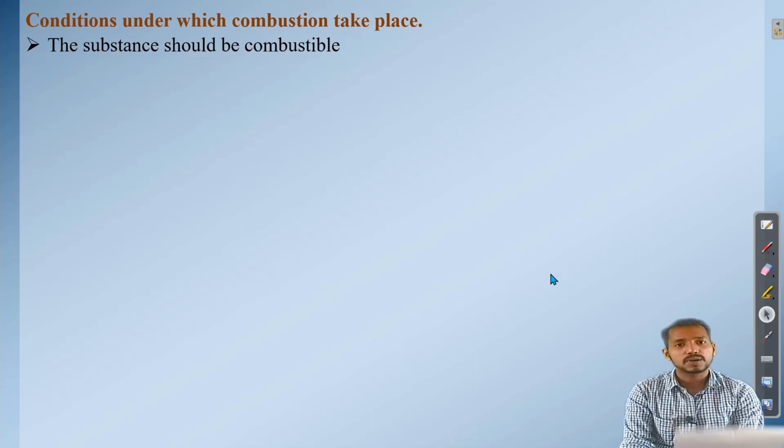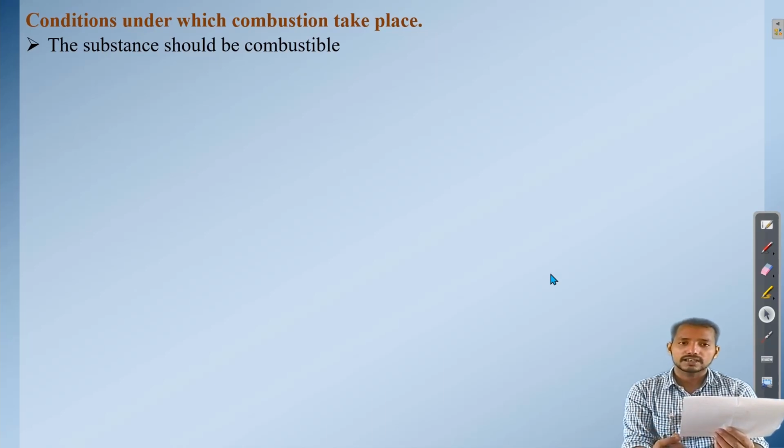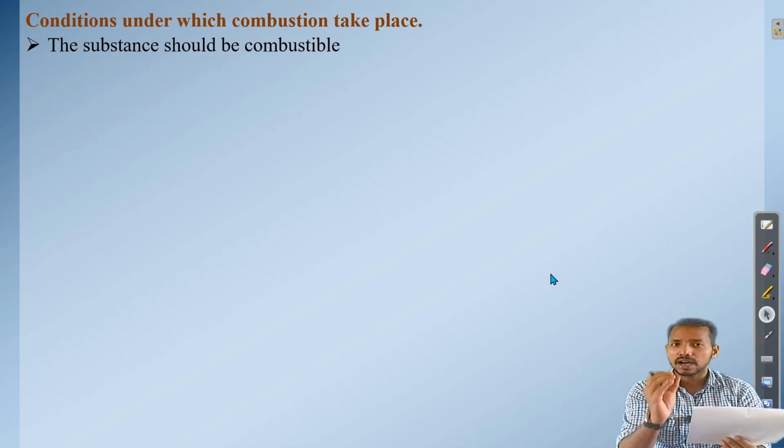So to burn this paper, what is needed at least? At least you need to bring a burning matchstick or lighted matchstick near the paper, and just by showing it for 1 or 2 seconds, the paper will catch fire. This means the burning matchstick provides some heat to the paper, and when the paper attains some heat, it starts to burn.